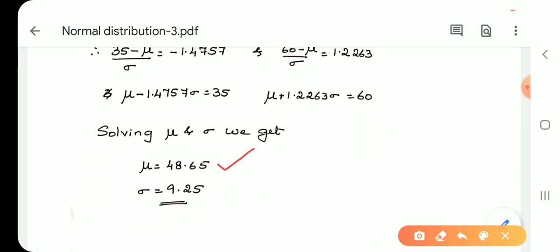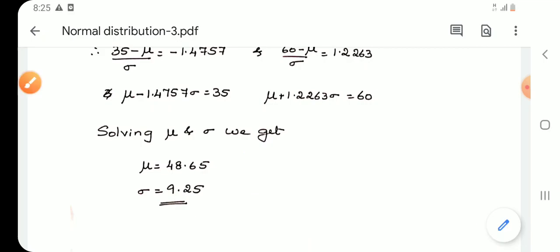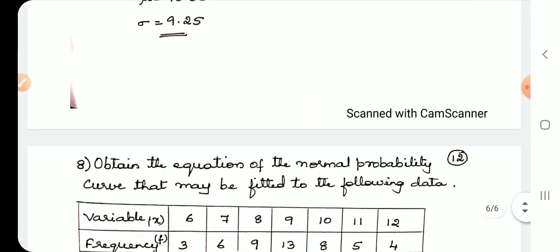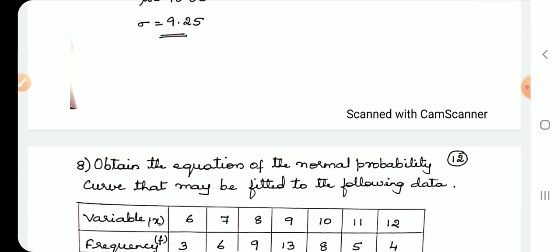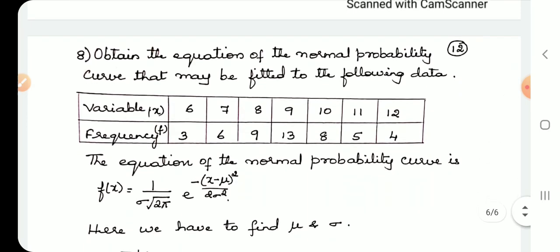So mu you get as 48.65 and sigma you get as 9.25. So like this, we have learned how to find the value of mean and standard deviation when the probabilities are given.